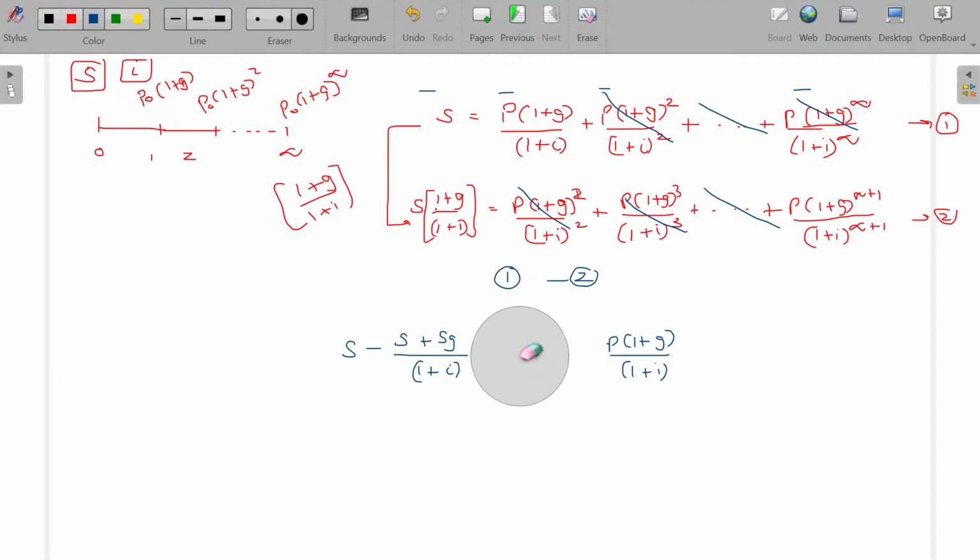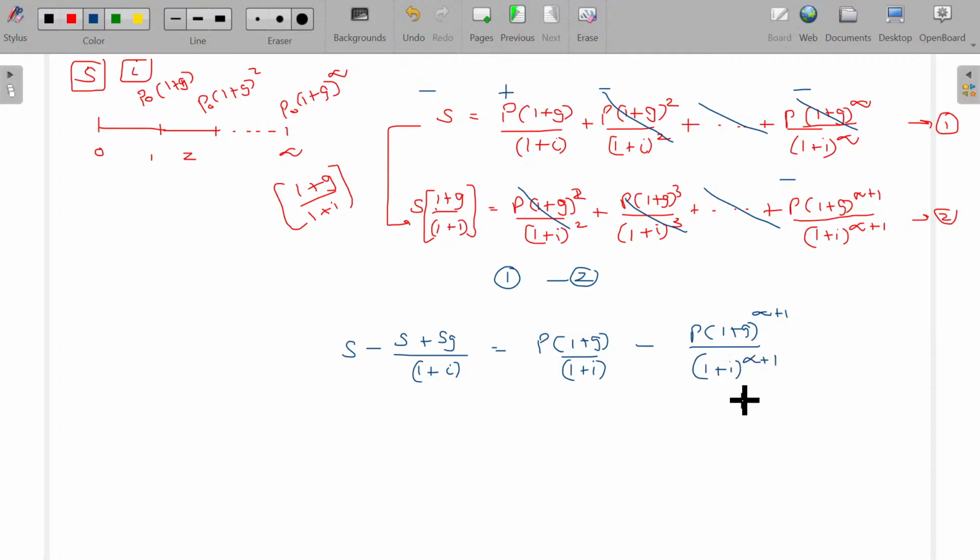S minus, right? Here this becomes plus, this becomes minus. So P into 1 plus g divided by 1 plus i minus P into 1 plus g to the power infinity plus 1 divided by 1 plus i to the power infinity plus 1. Clear?